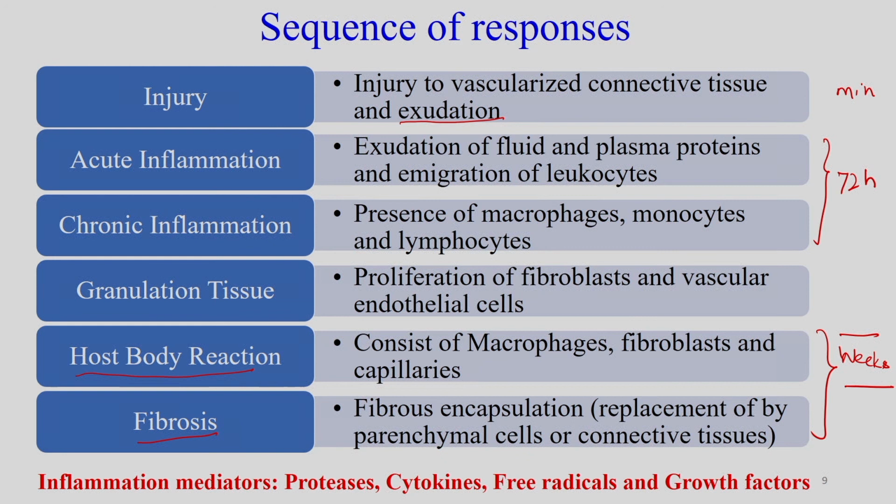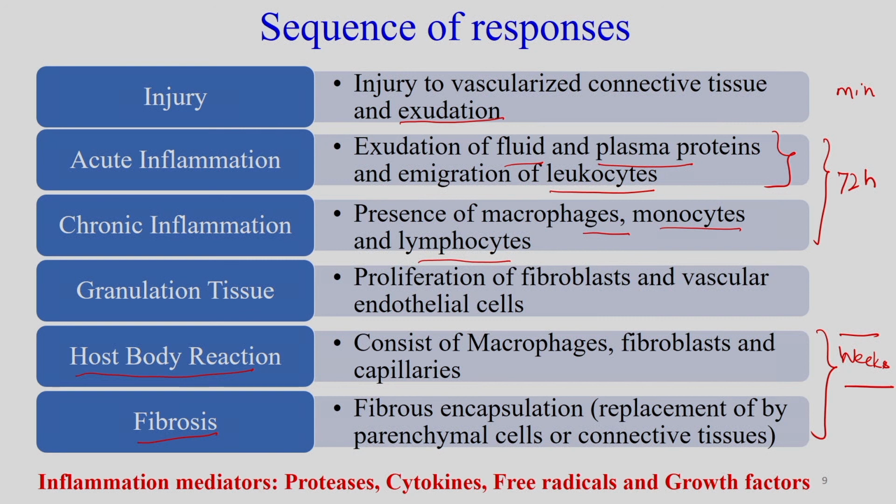In acute inflammation, again there is exudation of fluid and plasma proteins and immigration of leukocytes, and this causes the acute inflammation. During chronic inflammation, macrophages, monocytes and lymphocytes are involved.